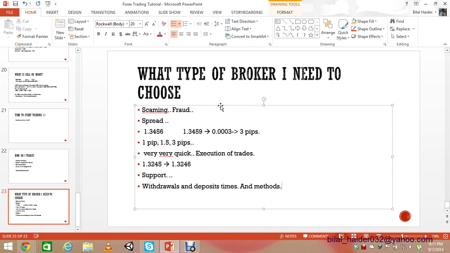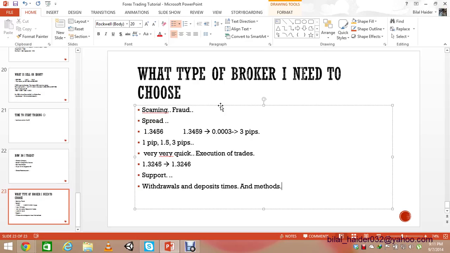It's a broker from some other country, and you want to invest some money with that broker, and you want that deposit to be very quick. You're also looking at the methods that broker is offering.